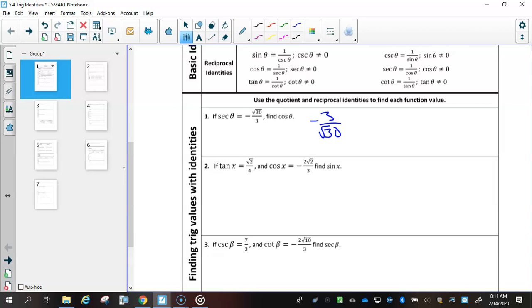All of these need to be rationalized and simplified answers. So if you could simplify the square root of 30, you would need to do that. I don't think you can. So in this case, my simplified answer would be negative root 30 over 10. That would be my cosine value of whatever said angle is. I don't know what that is, but if I knew that angle, this would be the exact value of that angle.